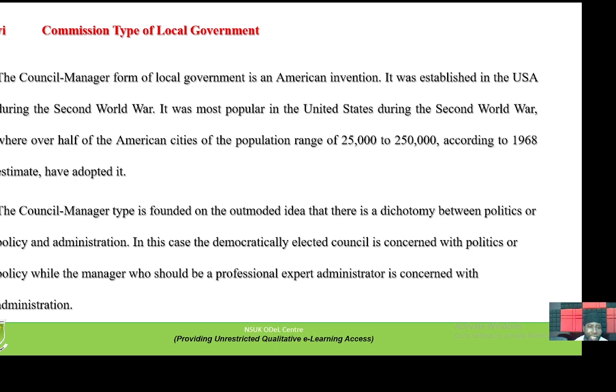Then we have the commission type of local government. This commission type of local government is headed by the council manager. The council manager form of local government is an American invention.